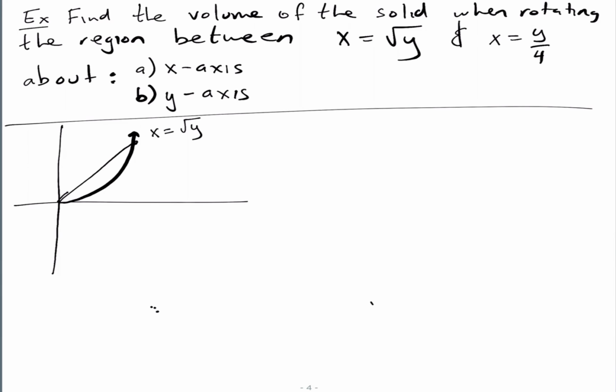Okay, so what is this? We're probably going to need to find this intersection point, right? So what is that? Where does square root of y equal y over 4?